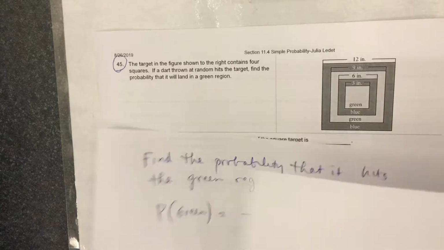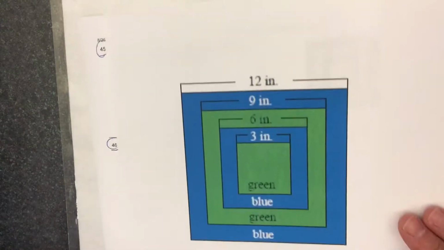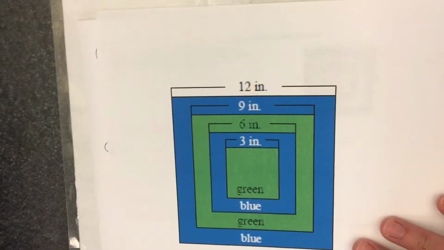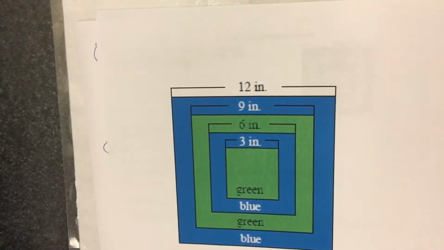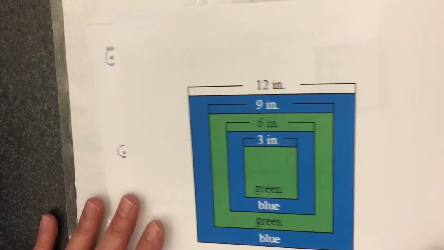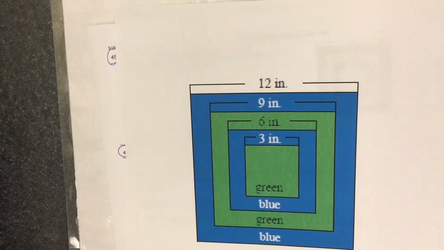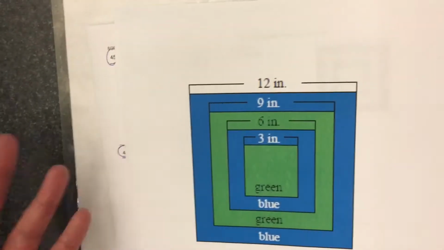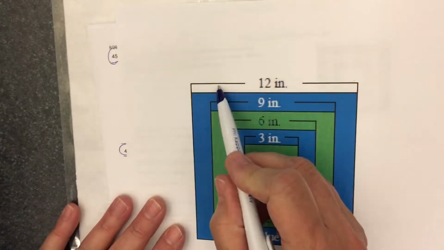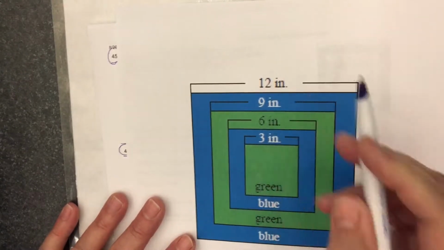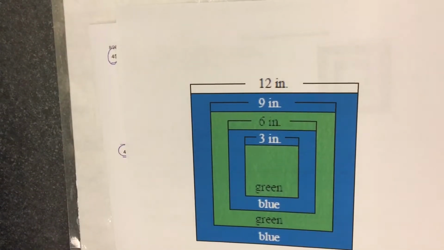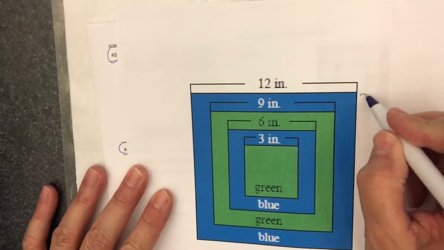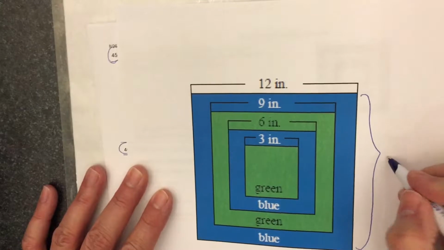Now, here's my big dartboard. And I'll figure this out. So as I look at the entire thing, it is a square. And I can see the number at the top, 12 inches. Now, the numbers for the dimensions, the 12 is this whole thing.